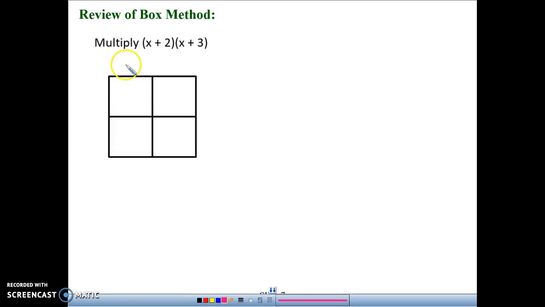If I had a multiplication table and I had 4 and 5 here, and 4 and 5 here, 4 times 4 is 16, 4 times 5 is 20, 4 times 4 is 16, 4 times 5 is 20. That's what we're going to do.